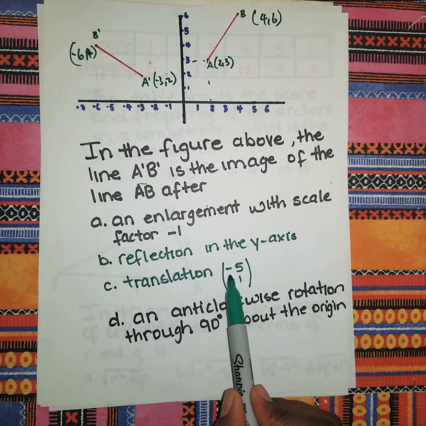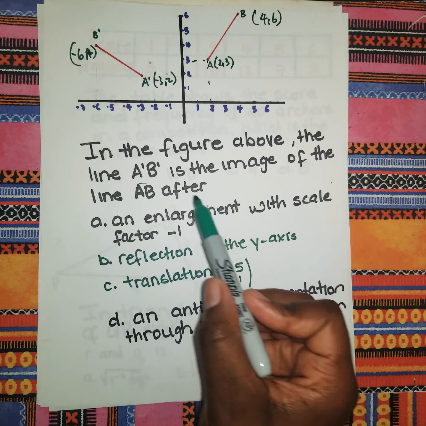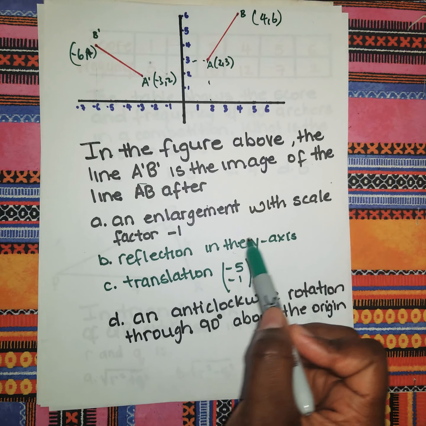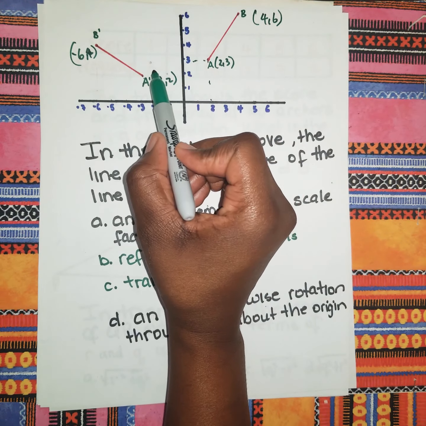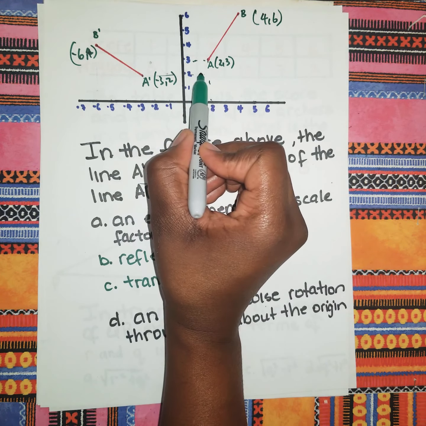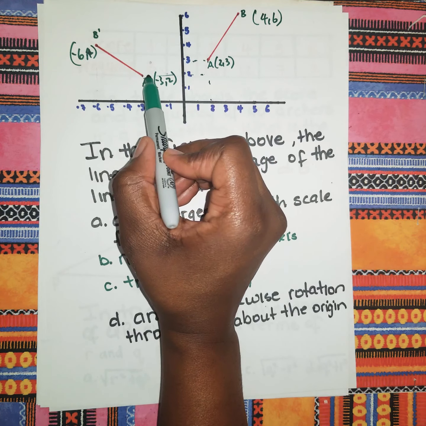Translation of -5, 1. We know that from A prime to A, you can go this way, then you go up. So we go 5 this way, then we go up by 1, or we go 5 this way, then we go down by 1.